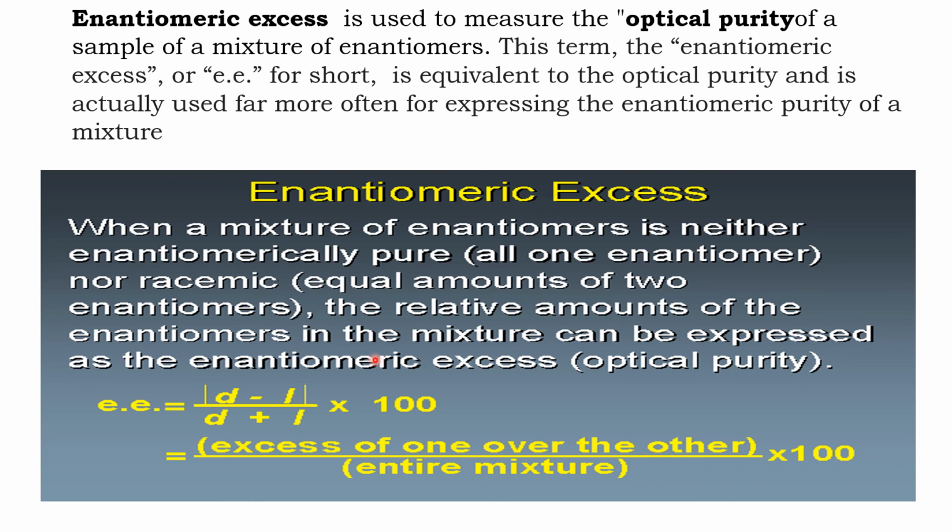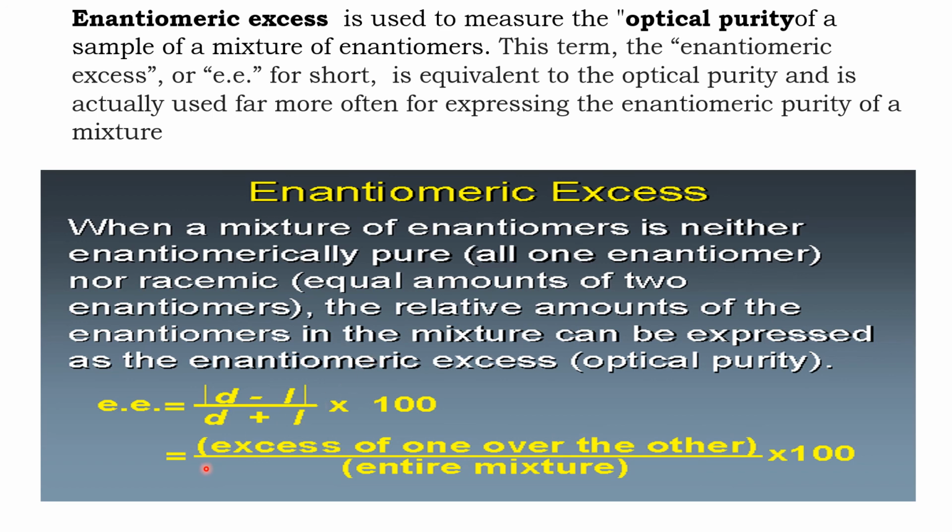As I told you, if I have 1000 molecules of dextro and 1000 molecules of levo, it is a racemic mixture. But 1000 molecules of dextro and only 500 molecules of levo, that means one is in excess of the other enantiomer. To calculate that, we use the term enantiomeric excess.